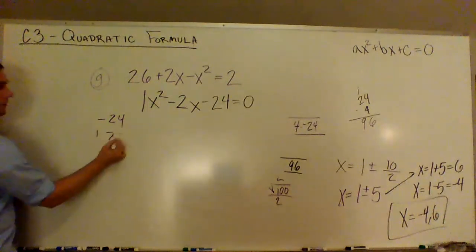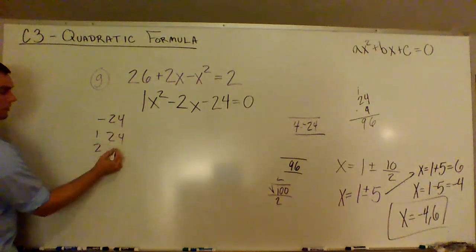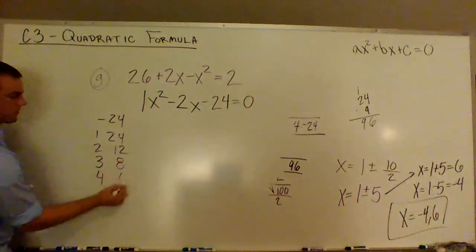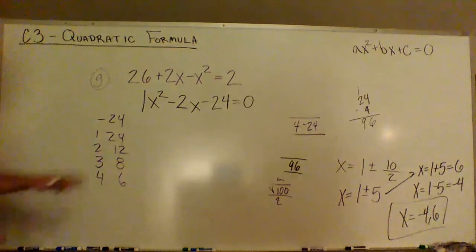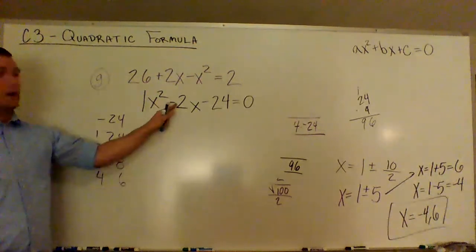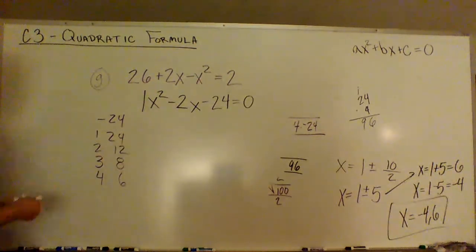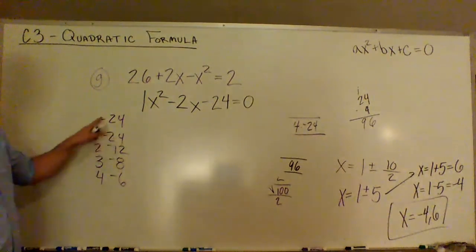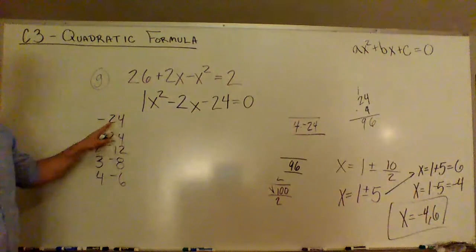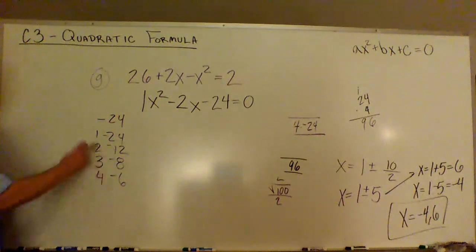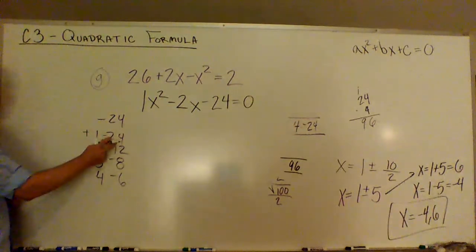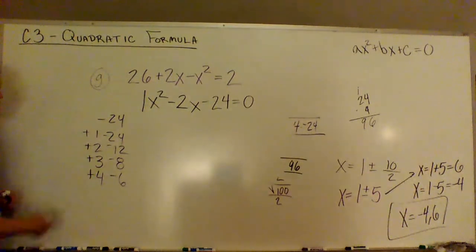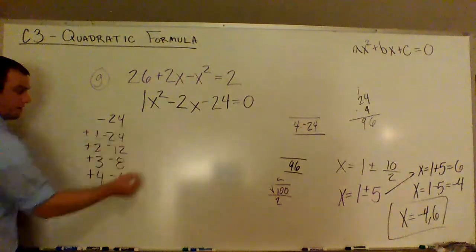We get 1 and 24, 2 and 12, 3 and 8, 4 and 6. Determine my signs. The larger ones are going to be the same sign as B. We have to multiply to get to A times C, which was negative 24. Well, positive times a negative will give you a negative. So these would all be positive. Choose the pair that adds to B.